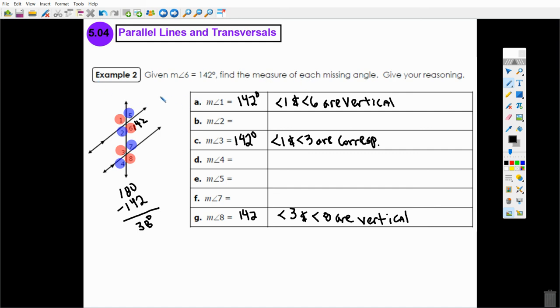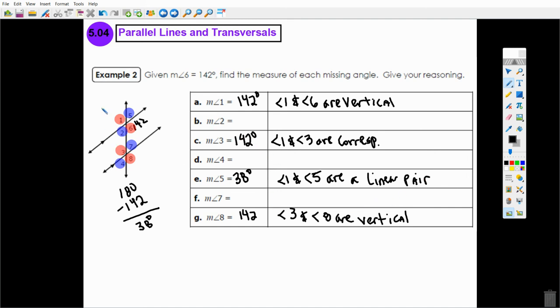All right, so angle 1 and angle 5 are 180. So therefore, if angle 1 is 142, 180 minus 142 is going to be 38. So angle 5 is 38 because angle 1 and angle 5 are a linear pair.